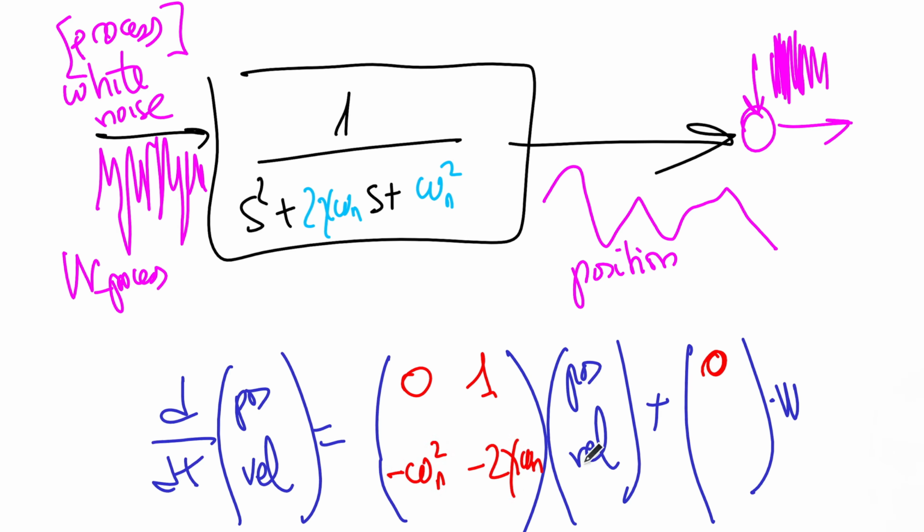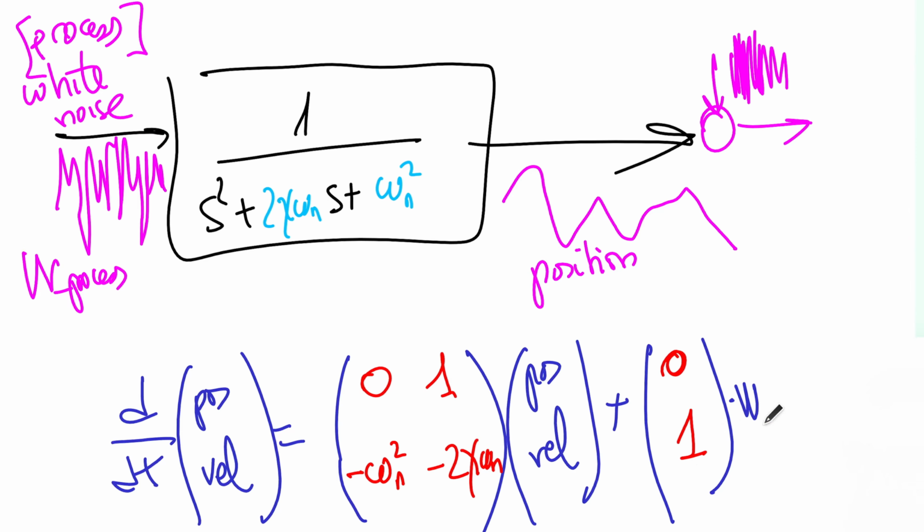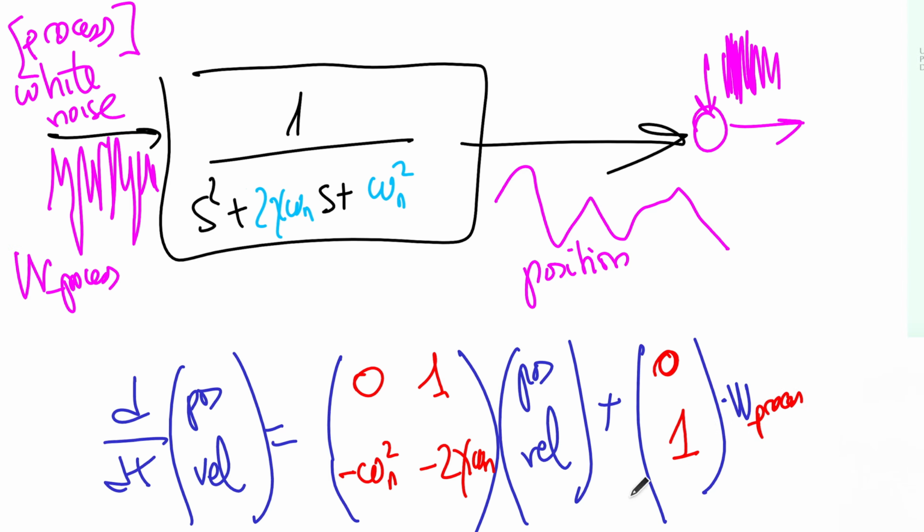This is the sort of deterministic part, and then we'll have a random force, which will be this w process. That, okay, lowercase will refer to signals, and uppercase will refer to power spectral density.